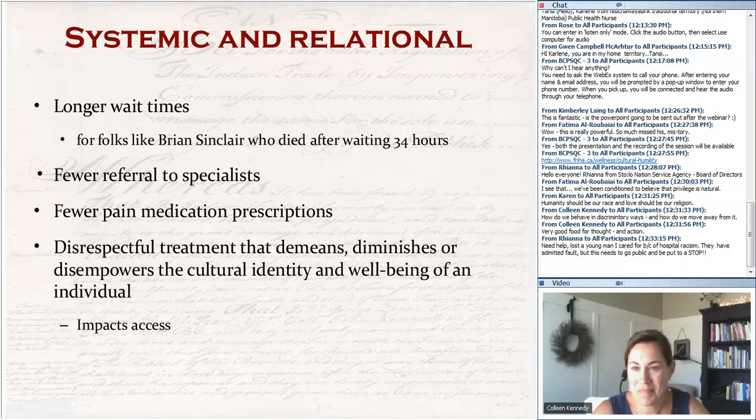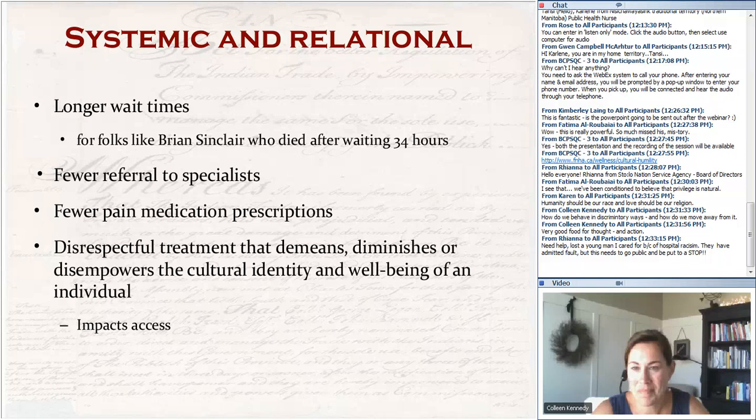And this is often the case in healthcare systems and institutions and offices where Indigenous people are treated disrespectfully, and the response by some of them is to not return, right? So that has a huge impact on screening, testing, follow-up, and treatment, right?